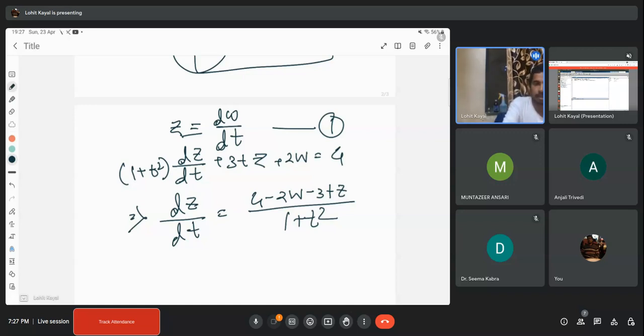Now, unlike the previous two examples, here x is a vector, and I am defining my z as x of 2 and w as x of 1. So x1 is w and x2 is z. That means dw dt equal to z, so the first entry in this column vector will be x of 2. So I can write this in this format and save this.